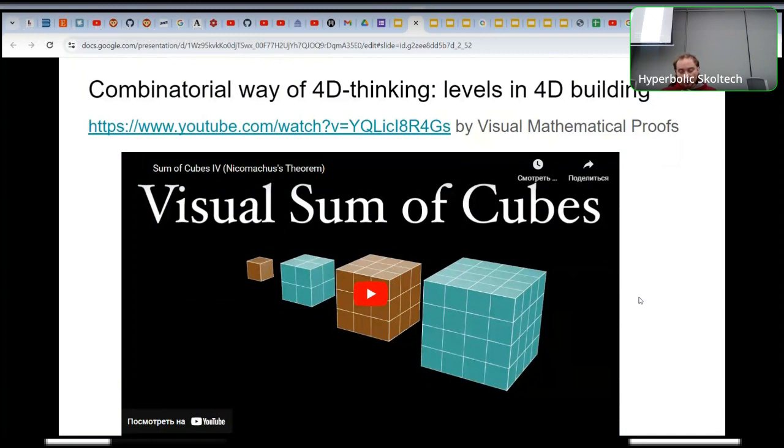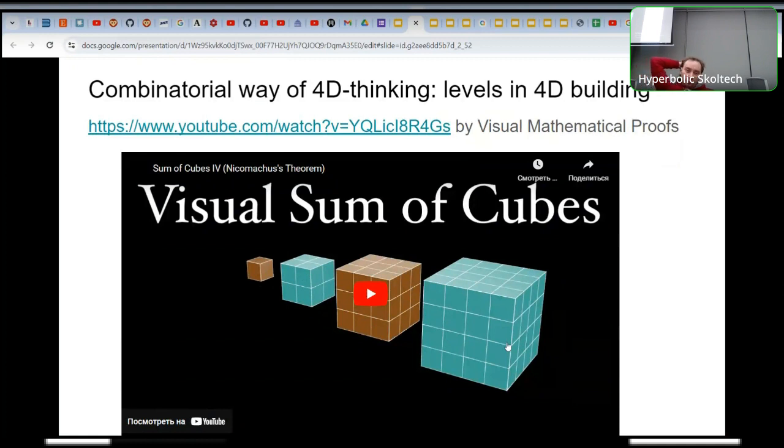For example, if you are trying to sum up squares of the first n natural numbers, 1 square plus 2 square plus 3 square plus 4 square, etc., plus n square, you just form a pyramid. You may consider 1 square as the top layer of the pyramid, 2 square as the second layer, 3 square as the third layer from the top, and n square as the lowest layer.